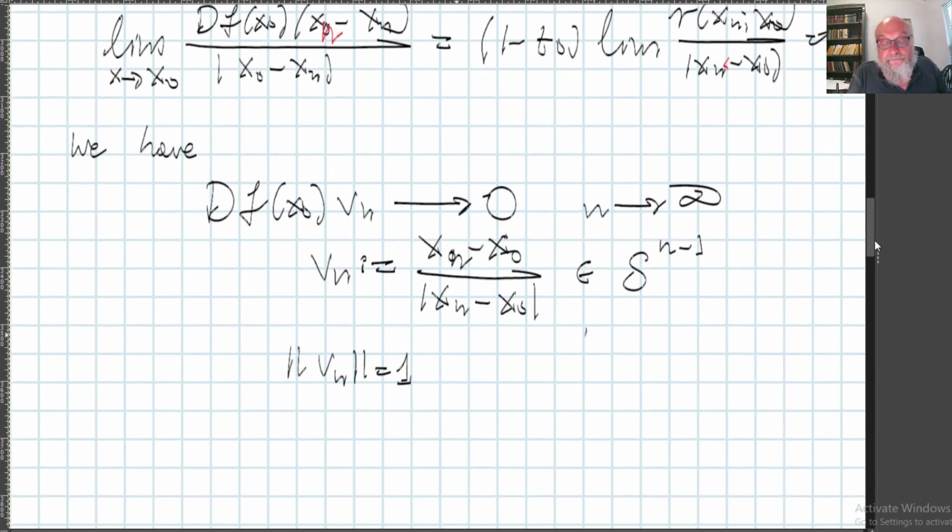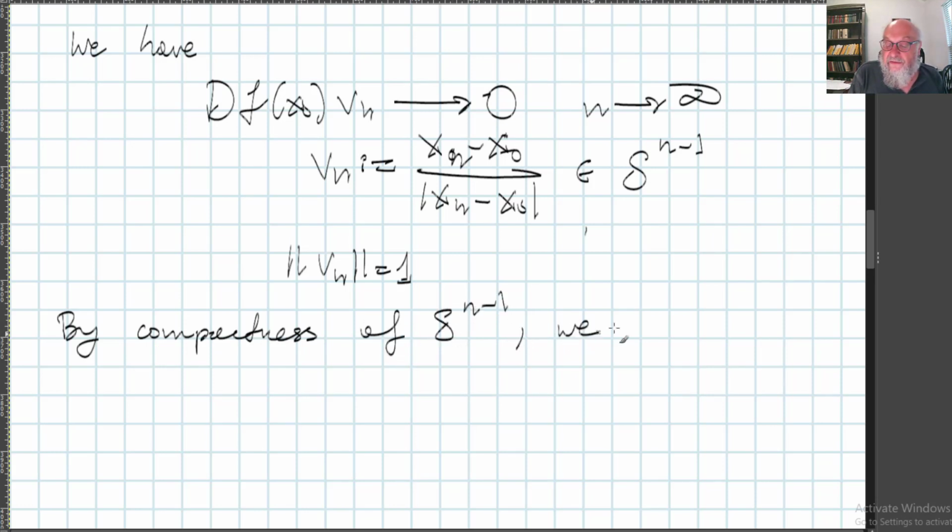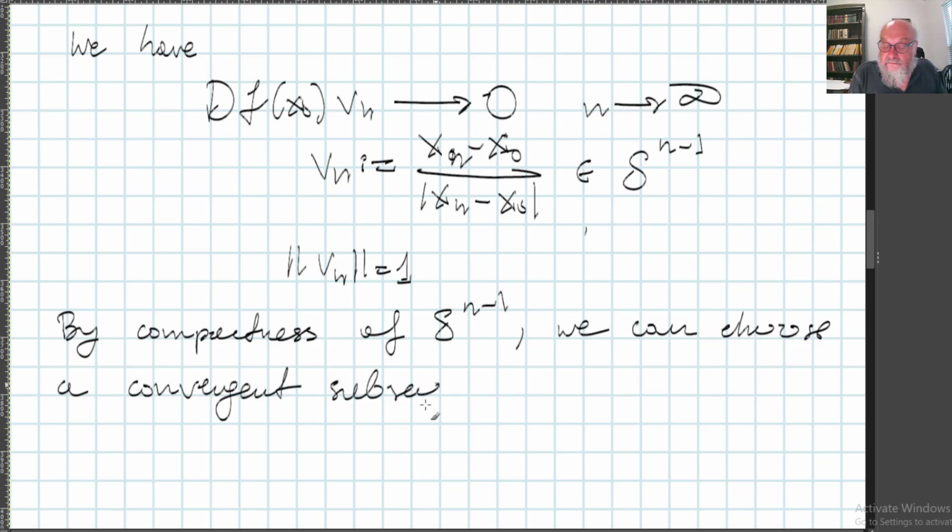So what can we say? By compactness of S^(n-1), we can choose a convergent subsequence vnk convergent to v0, which of course is also in S^(n-1).